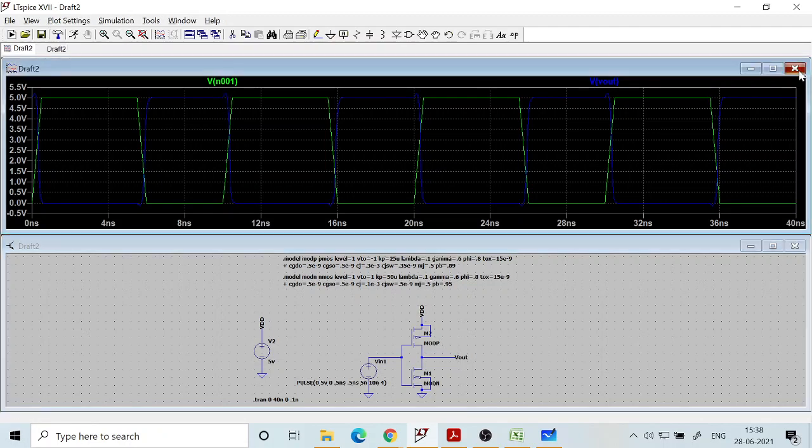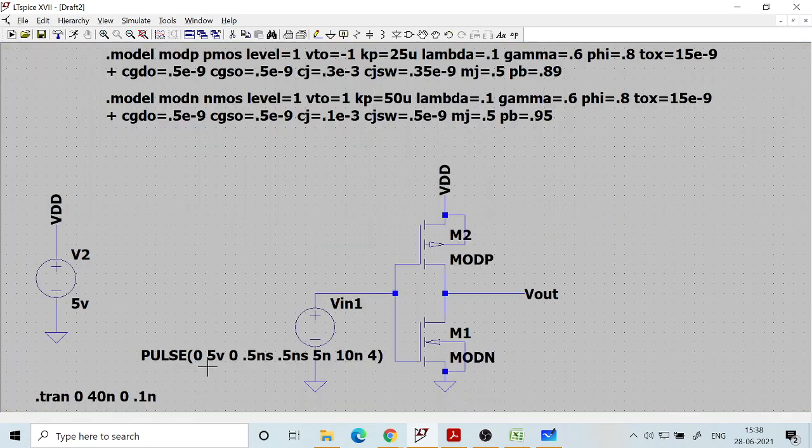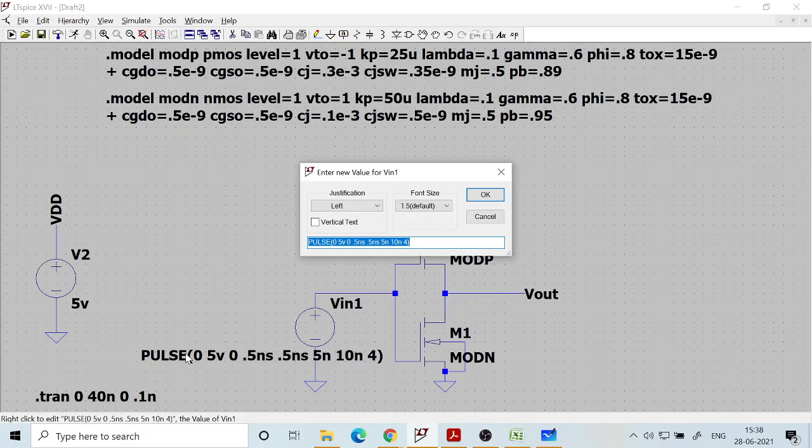So what we can do is that we can reduce the pulse period. So from 10 we can make it say 2 nanosecond, and then on time we will keep 1 nanosecond, and the rise time and fall time we will keep 0.05.